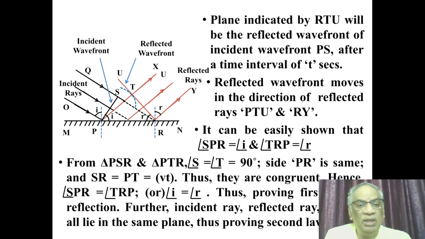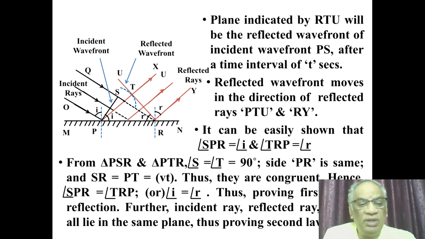Thus, both the triangles will be congruent. Hence, angle SPR is equal to angle TRP, or angle i is equal to angle r. That is, the angle of incidence is equal to the angle of reflection, which proves the first law of reflection. Hence, we proved the first law of reflection.